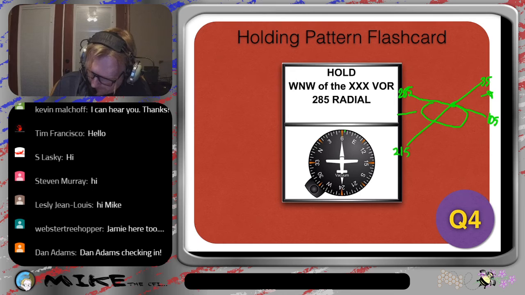So we're actually coming in at the VOR from over here. So that looks like it's coming from the direct entry side. So I would guess it'd be a direct entry there. We can look here for 285. See that it falls in the biggest piece of the pie. And so we know that that's a direct entry.